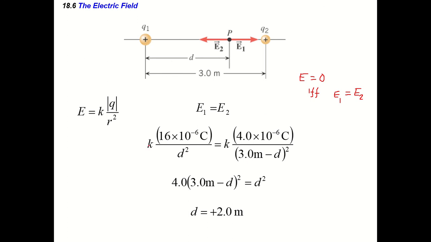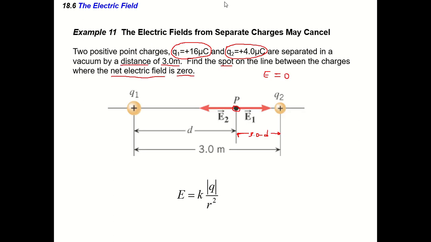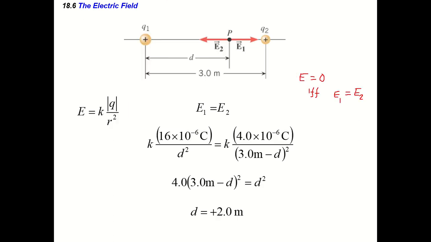So substituting, we have K here, the constant, and 16 times 10 to the minus 6, which is given in the problem for Q1. Okay, so Q1 here, 16 microcoulomb positive. And on the other side we have 4 microcoulomb also. So K on both sides, divide, so this will cancel out. Alright, so after that you cross multiply this part here, then cross multiply this one. So you get this one.